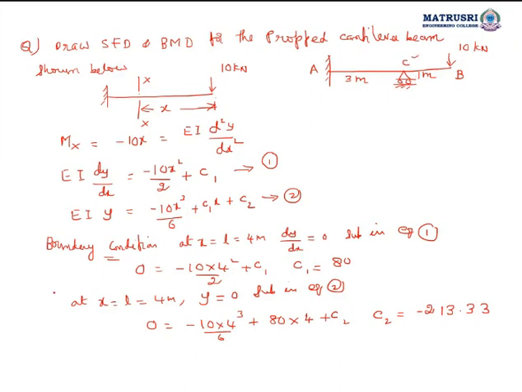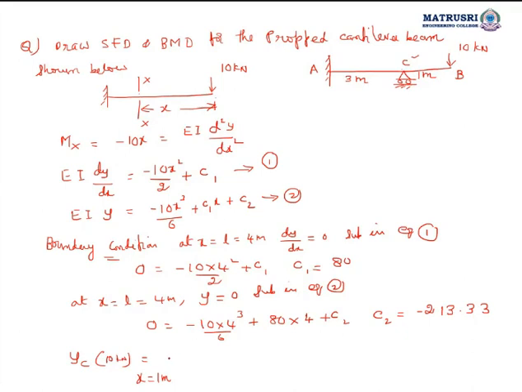Now I want the deflection at C, no? So what is the deflection at C due to the 10 kilonewton? You have to substitute x is equal to 1 meter, because from here what is the x value? x is equal to 1. Substitute in equation number 2.